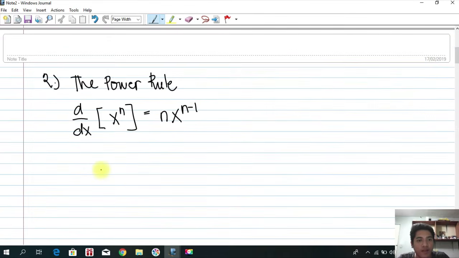That is, we're going to get the power, then multiply it to our original x, but we're going to subtract 1 from its original exponent.